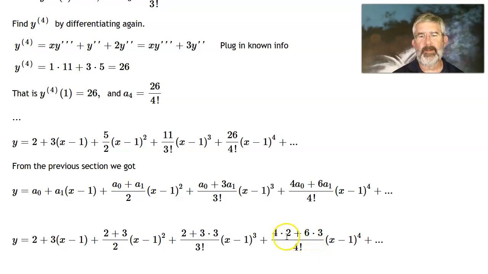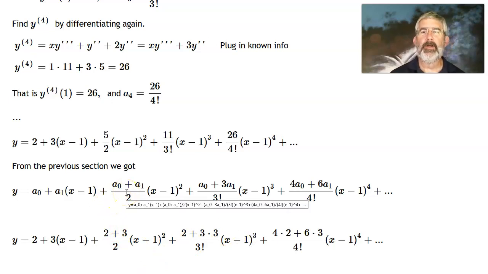So what's that, 26 over 4 factorial? Yeah, right, and it continues to be the same. Again, same answer, different solution. I didn't have the initial conditions in the previous video. Now, knowing initial conditions, I have a way of just calculating those coefficients without having to do all the algebra of the power series stuff that we did before.